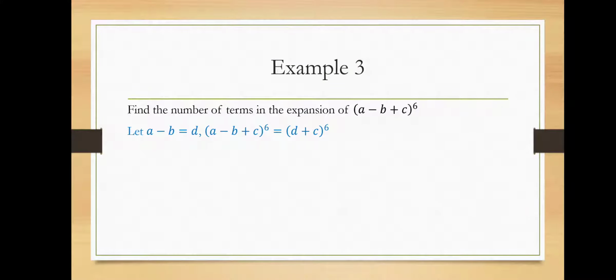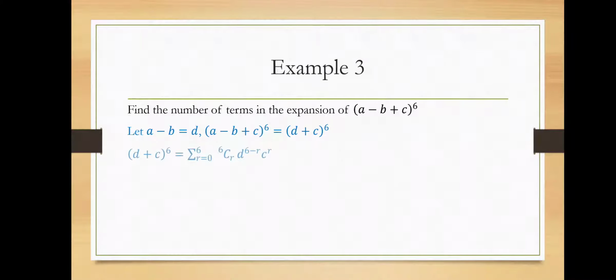So in all these terms you will have a binomial to the power something. d is basically a - b. In the first term you will have (a - b)^6, in the second term (a - b)^5, and so on. Now (a - b)^6 in itself will give you 7 terms, (a - b)^5 will give you 6 terms, and so on.